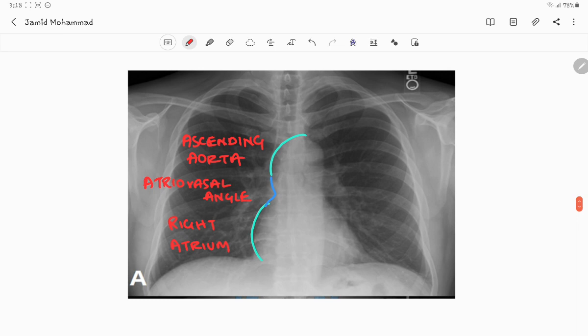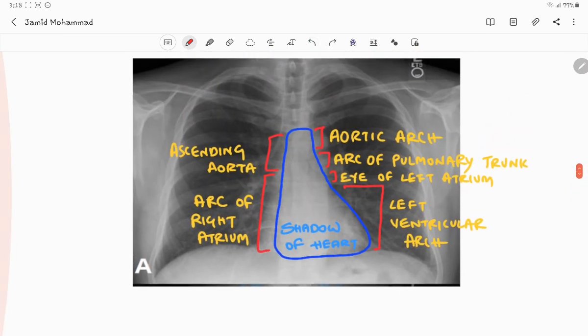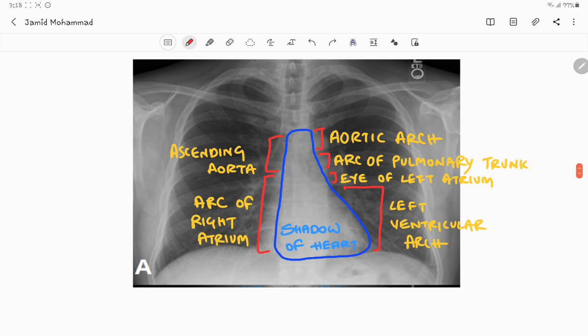And this blue line here is the ascending aorta, and the blue line here which I have drawn is the right atrium. The junction where these two lines meet is called the atriovasal angle. And the whole white thing which plays the major part of the X-ray is the shadow of the heart.